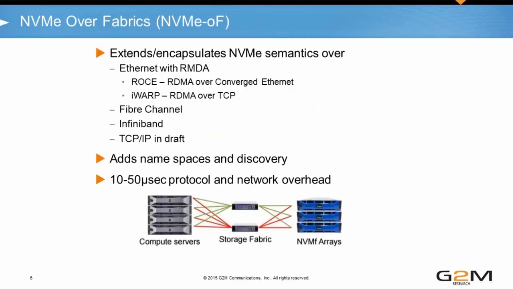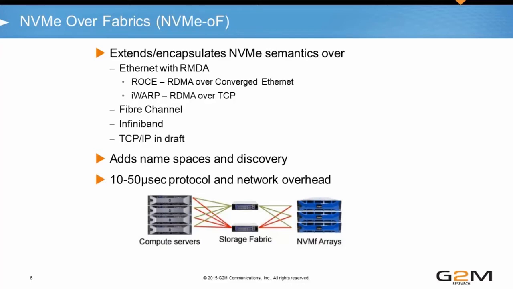So the problem with NVMe is that it is almost exclusively a PCIe software interface. The hardware interface is still that bus in the server. And that means that all the storage is local. We have, over the past 20 years, designed our data centers around the concept of shared storage.